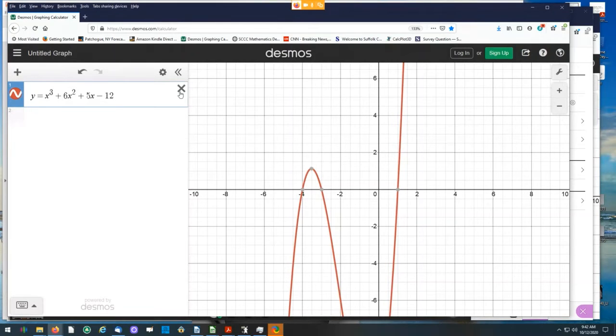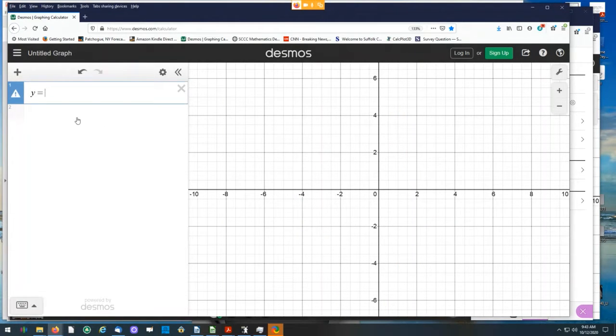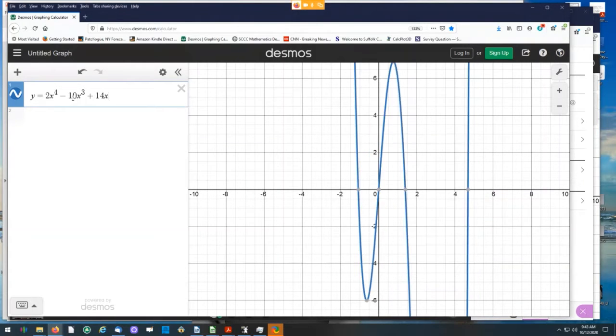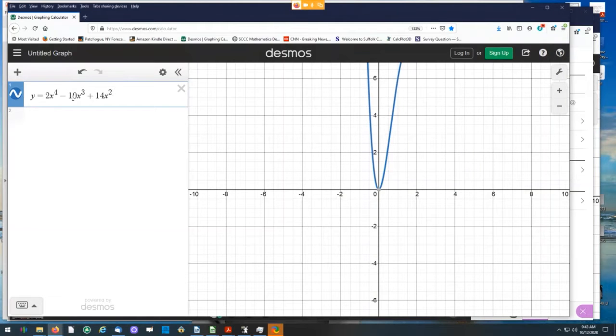Okay, let me get rid of this one and put y equal to 2x to the 4th minus 10x cubed plus 14x squared, subtracting 8.